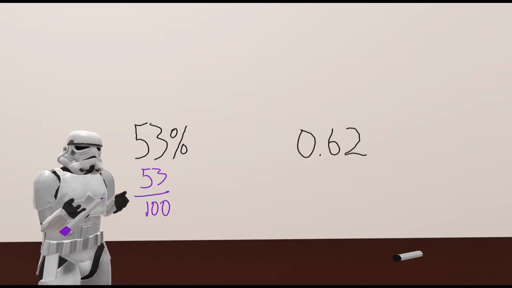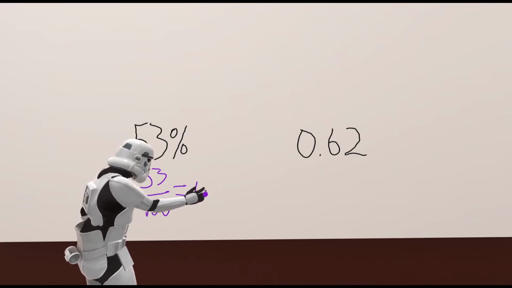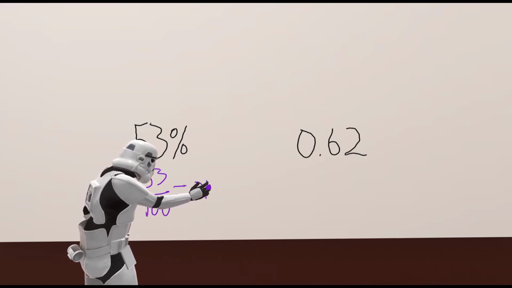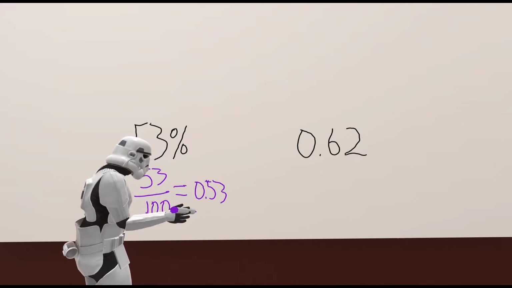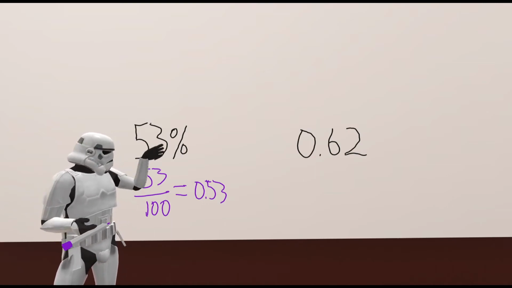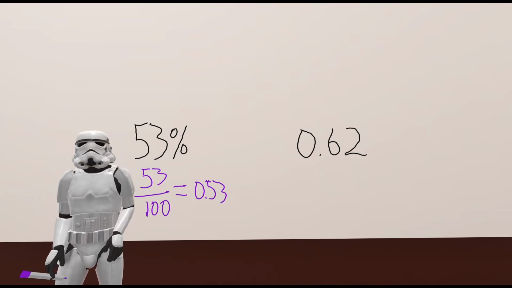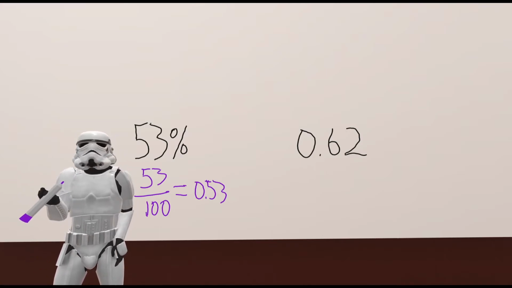Now, some of you might be able to see that this is just the same as 0.53. So 53% is the exact same as 0.53. Now, you might have noticed that there's a trick.